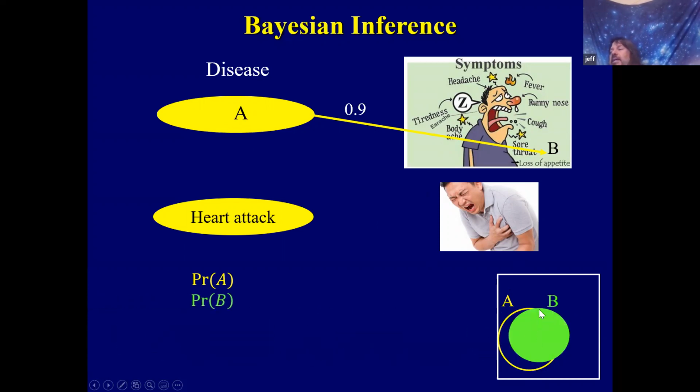Similarly, if I land in B, then B is true, so the probability of landing there is the area of B. And the probability that A is true and B is true is the area of the intersection.